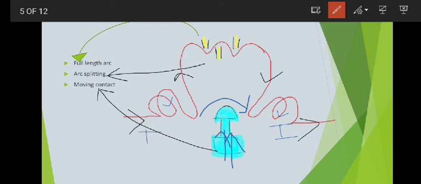The force will be applied using the right hand thumb rule. There will be force in the upward direction, and current will flow in the right hand side direction. And this is the magnetic field. The magnetic field will be in the inward direction, meaning inward to the paper.